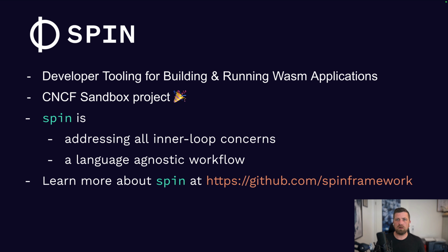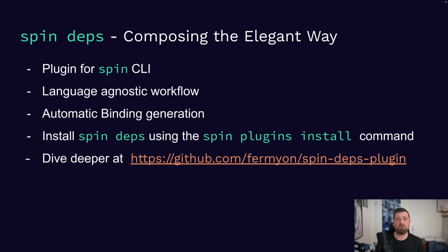You can learn more about Spin on Spin's GitHub organization and on the documentation that is linked from there. On top of Spin, we will use the Spin Depths plugin, a plugin we created to extend Spin's core capabilities and streamline the process of component composition. The plugin takes care of all the language-specific commands.